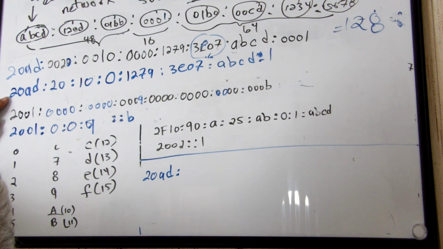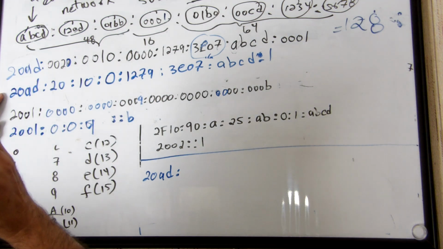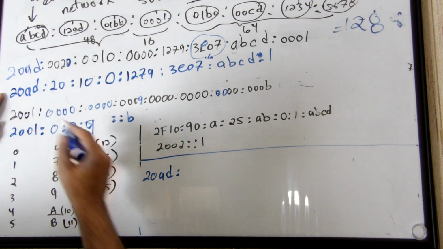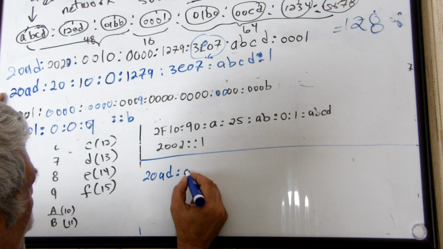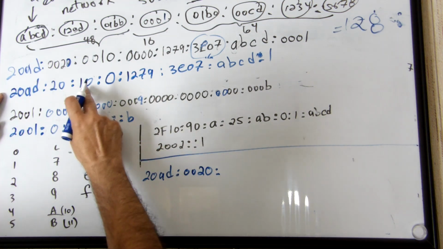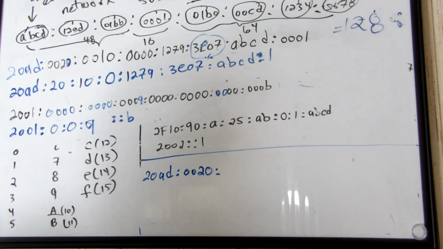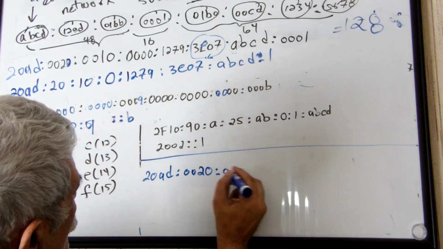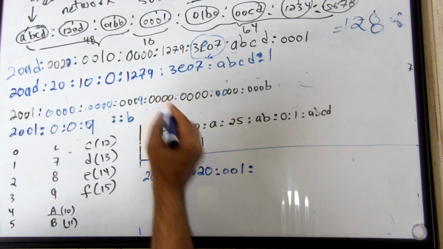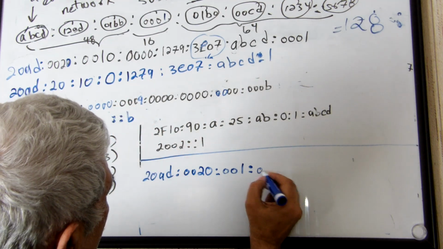Okay, and each of them, which are 4 bits, so this should be 0020. And this one the same, because it's got the 4 of these, like 1, 2, 3, 4 of these numbers in there. You only have 2, so this would be 001. And then we write the same 0 here. We say here expanded. We say it's like this.